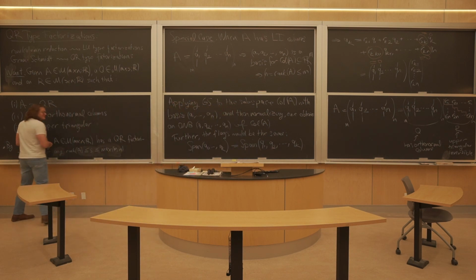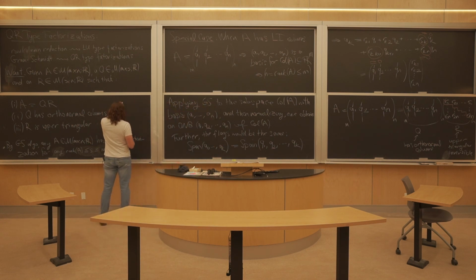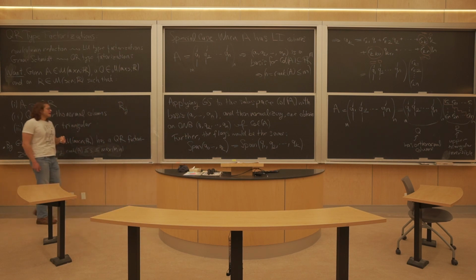Are there any other questions possibly related to this stuff? What does it mean to be an upper triangular matrix if you're not square? Essentially, in terms of entries, the ijth entry I want to be 0 if i is larger than j.